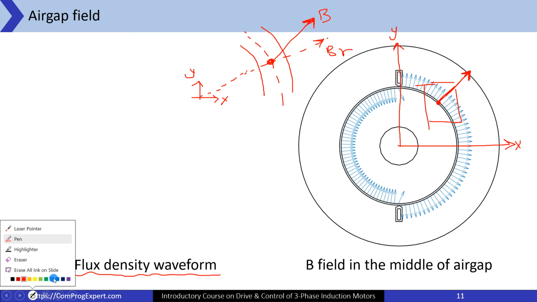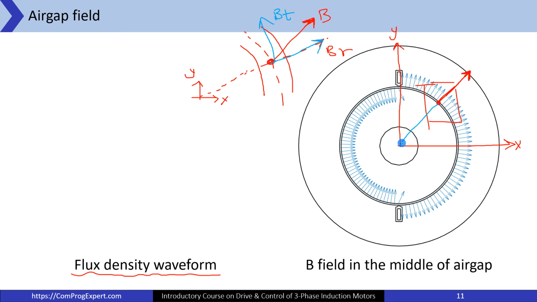Let me use another color here. So this is the radial component Br, and this is Bt, the tangential component.